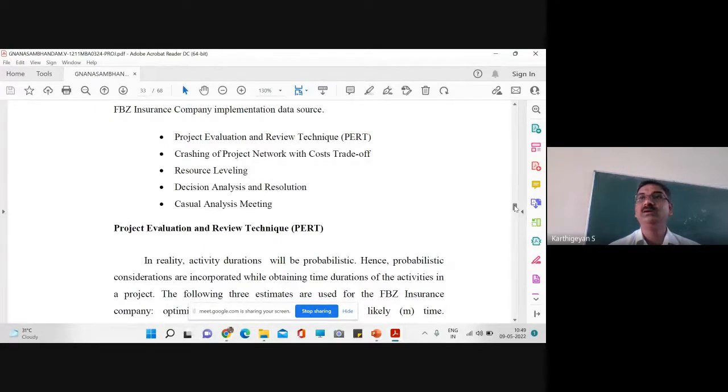So the number of human beings or the persons resources required to complete each stage, each task, or each activity. So these things he has applied. Apart from that, data decision analysis and resolution and causal analysis meeting. So these are all the technologies he has applied and found out the solution.